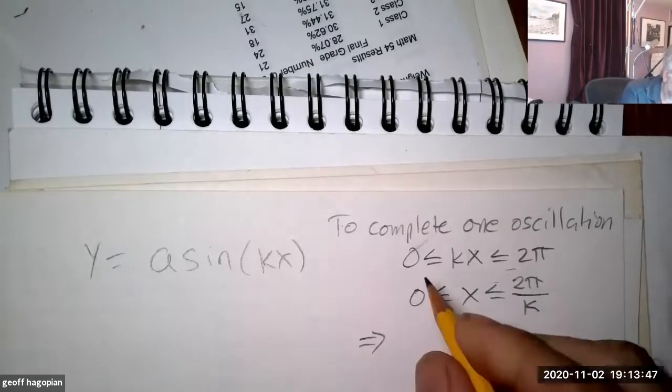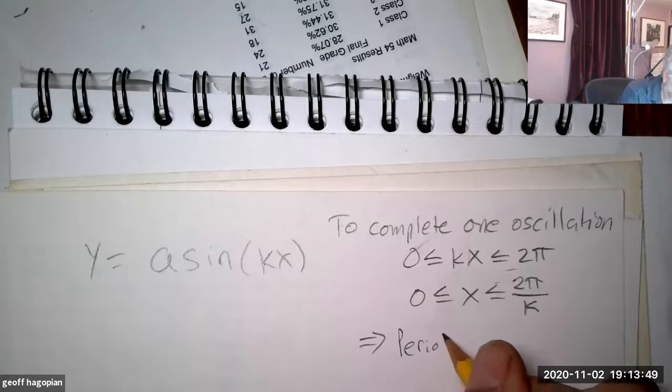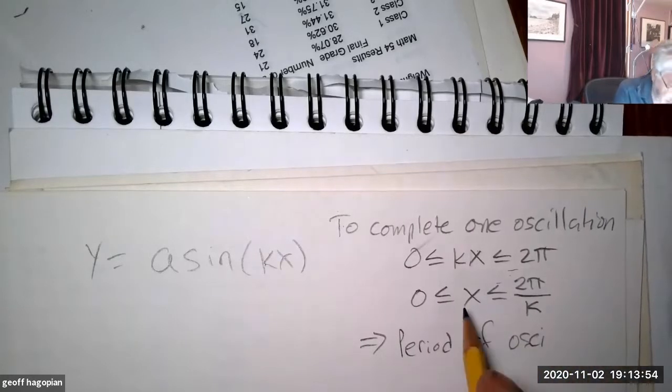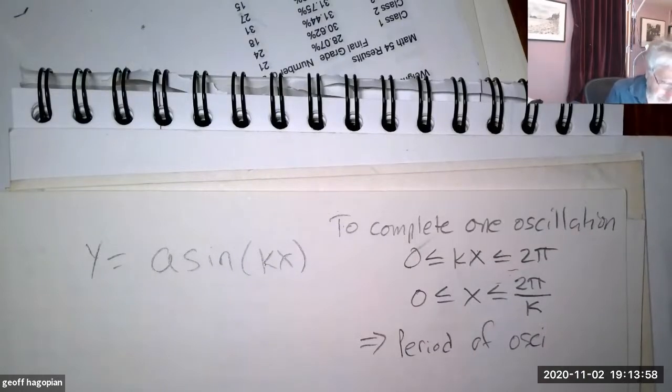So this implies the period of oscillation, the time, if you like, if you're thinking of x as time. Period is indicative of a length of time, which is also a part of speech, right? A length of time. What does that even mean? Time is not length, but they are kind of interchangeable. When you say, how far is it to San Diego?